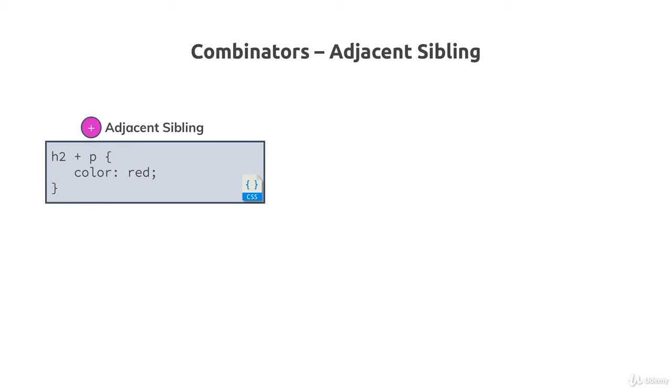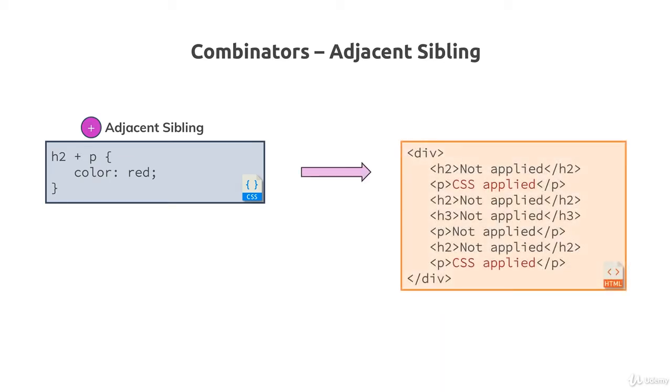And it simply assigns a style as shown in this example. Here we set a red color. It assigns it to all paragraphs that directly follow an h2 tag, which is why the first and last paragraph get the red color here, and the second one doesn't. Because the second one follows an h3 tag, which is in between the h2 tag and the paragraph, and therefore it's not a direct sibling of the h2 tag.